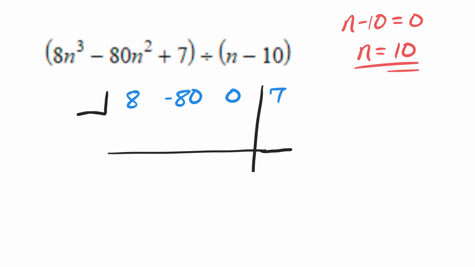And then the number in the top corner is 10. We can use synthetic division on this because our leading coefficient is 1. I showed you guys a trick to doing it when your leading coefficient is something other than 1, but this is one we can definitely use synthetic division.